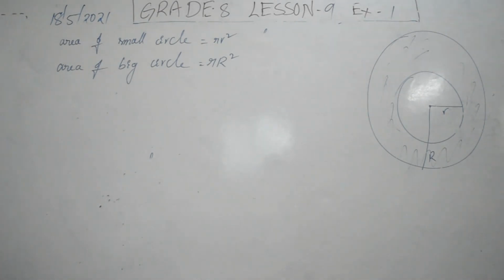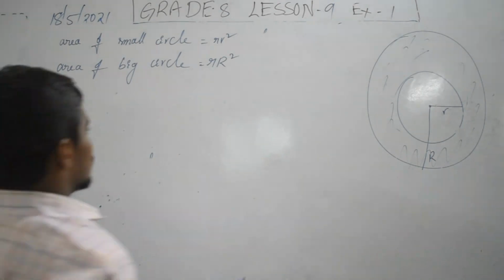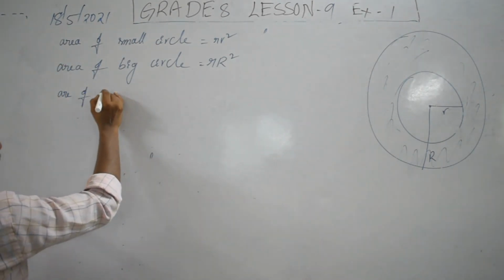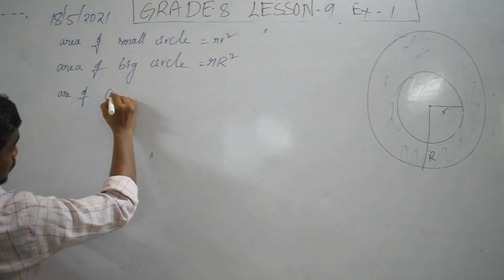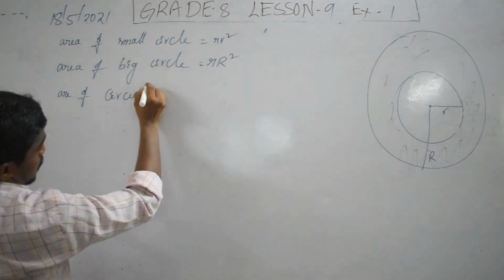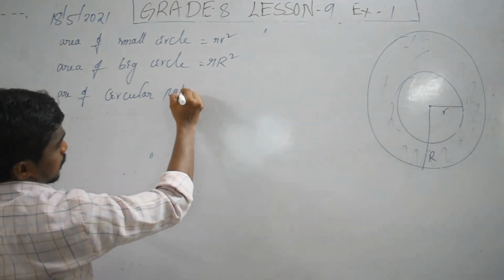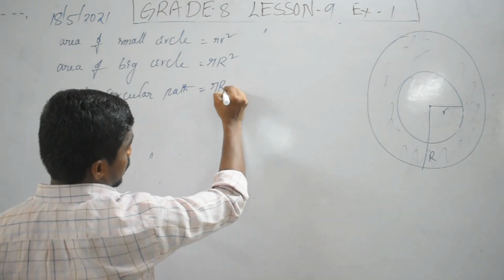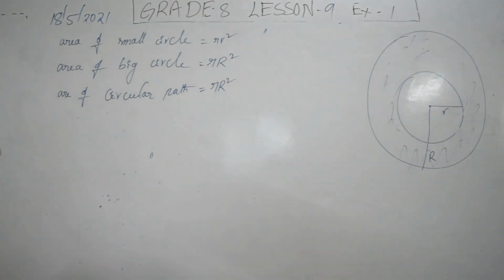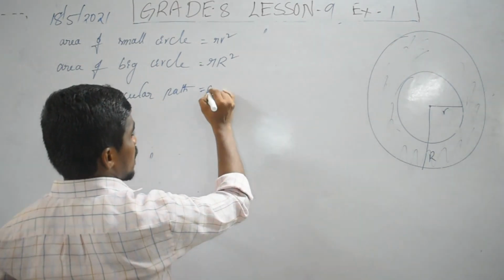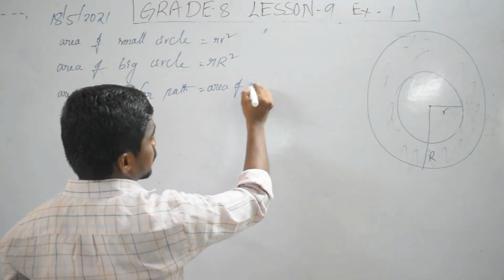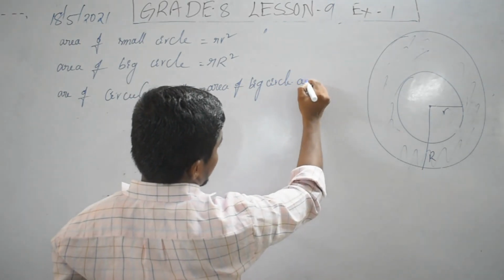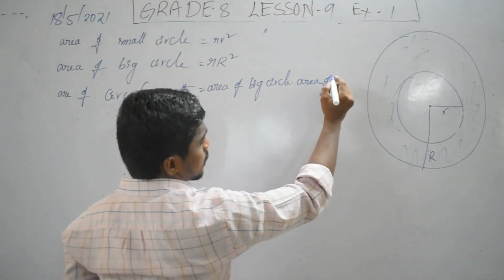Now area of the circular path is area of the big circle minus area of the small circle.